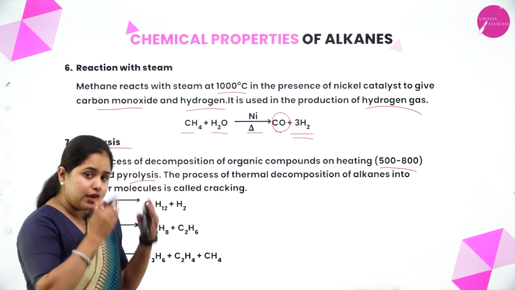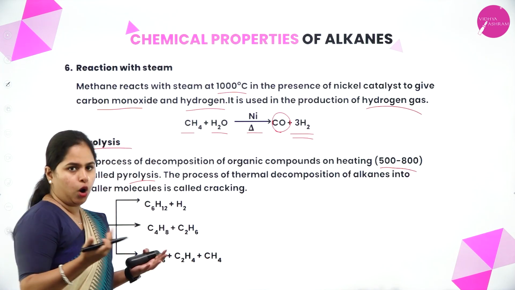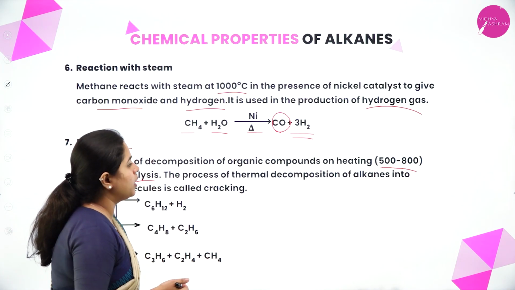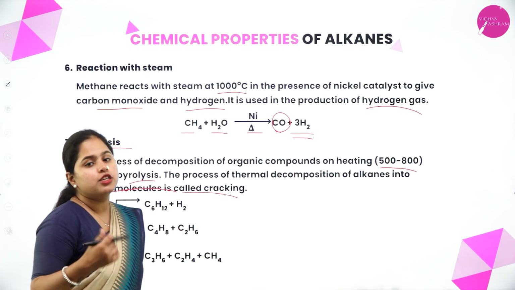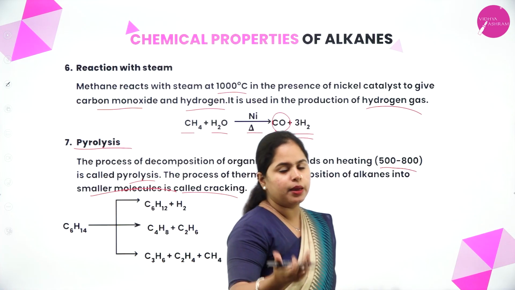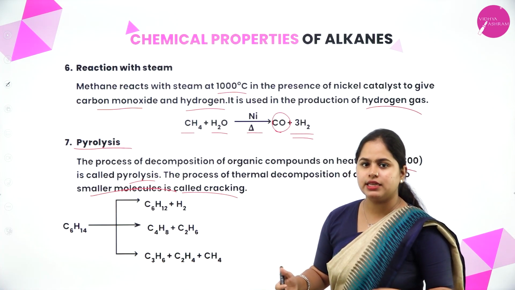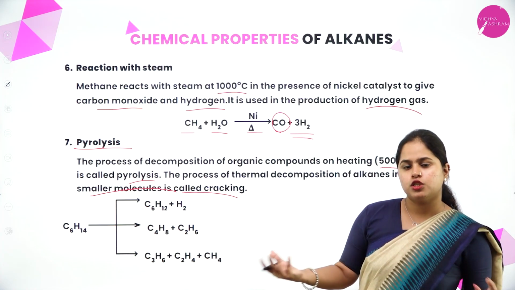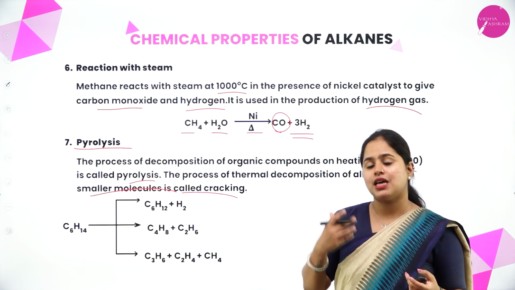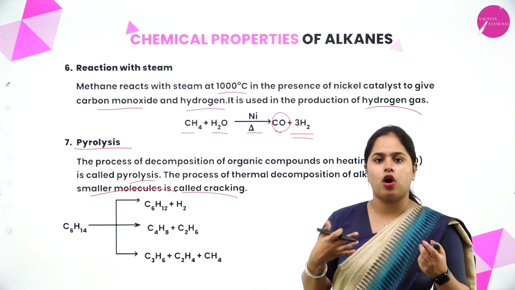They will decompose into lower compounds. The process of thermal decomposition of alkanes into smaller molecules is called cracking. So pyrolysis means decomposition of alkanes into smaller compounds, and if it happens at high temperature, it is called cracking.